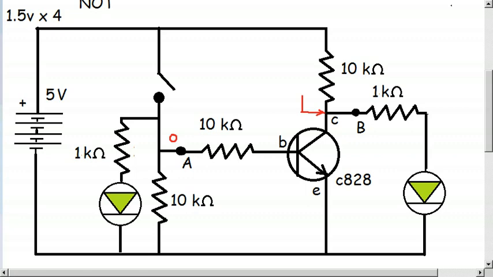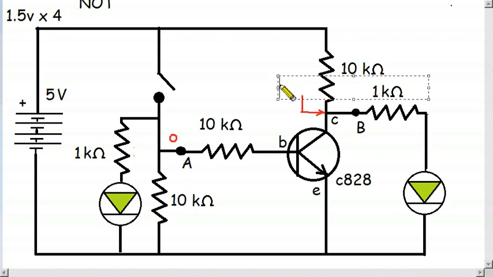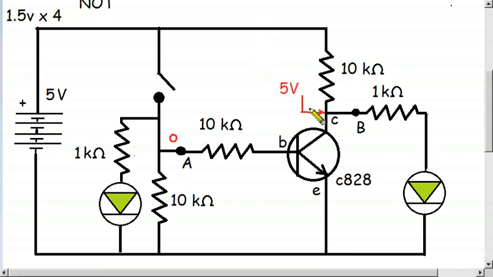At this place the voltage is 5 volt, capital V, at this point when the switch is off.